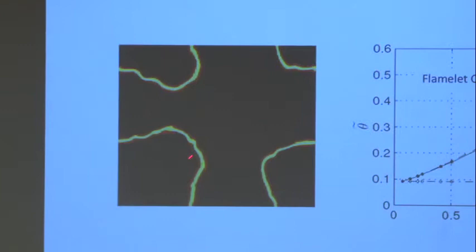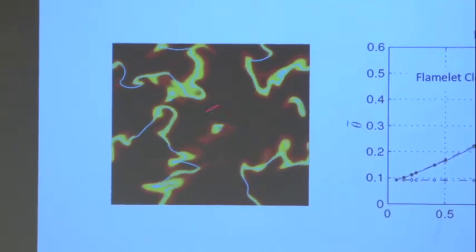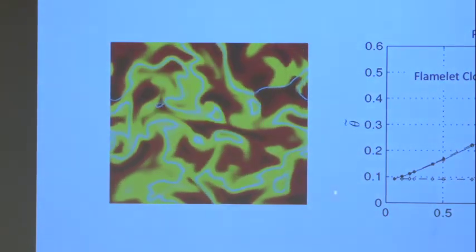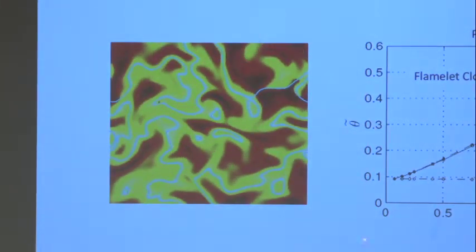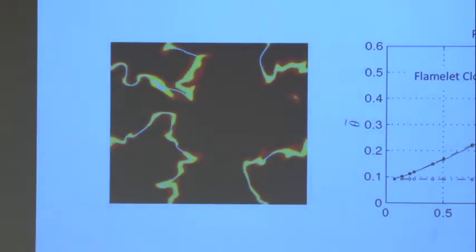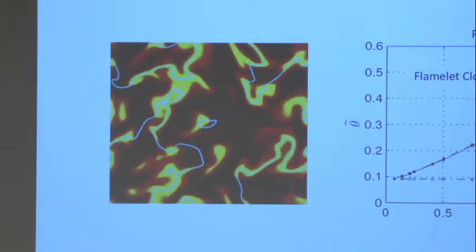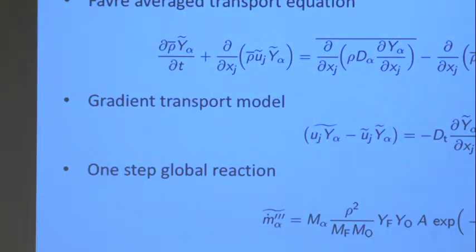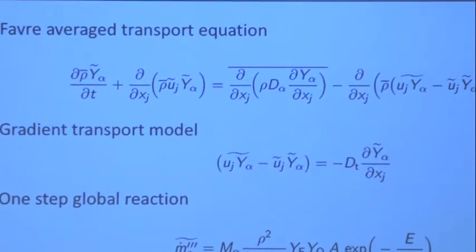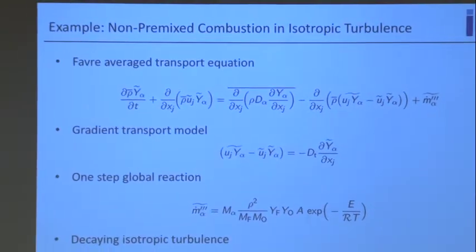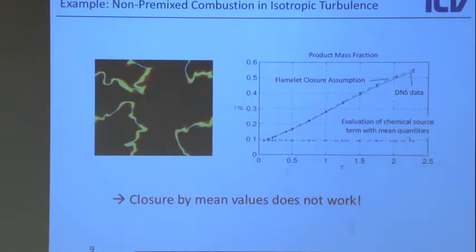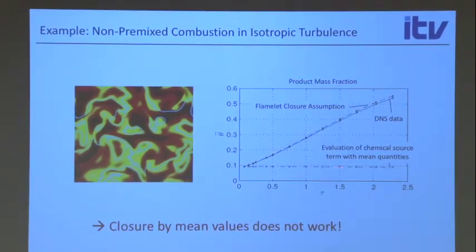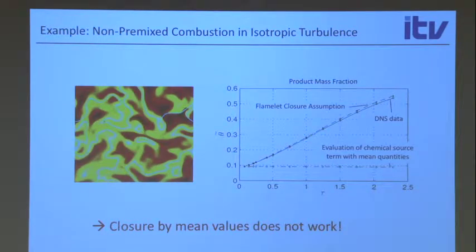more and more fuel and oxygen are consumed or converted to products, and the average temperature in the entire box goes up. So this is the average temperature in the entire box as a function of time, and the symbols here are from the DNS, okay? And then if we solve this equation just using the source term evaluated with the mean quantities, then this is what we get, okay? So it's not just a little bit off, it's totally wrong, okay?